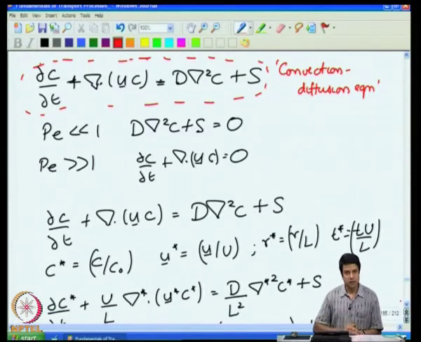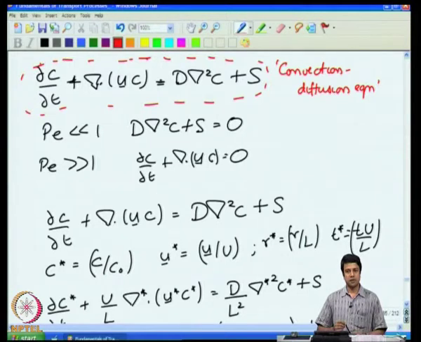So, this equation contains a convective term as well as a time derivative on the left, the convection diffusion equation, and diffusion terms on the right hand side. Okay. So, in that sense, this convection diffusion equation balances convection and diffusion processes. One can scale this equation if one were considering a problem with a characteristic velocity and a characteristic length scale.